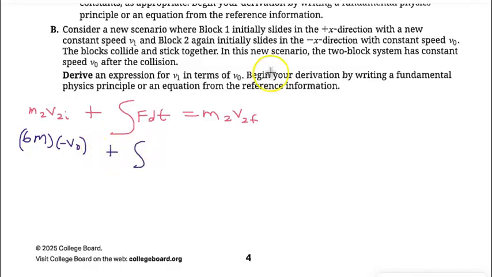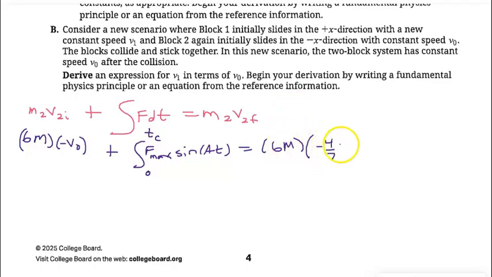Plus, we are going to integrate this force, F max sine of at, from 0 to TC, like T collision time, I guess. And that equals 6m times V final, which was minus 4/7 v naught.